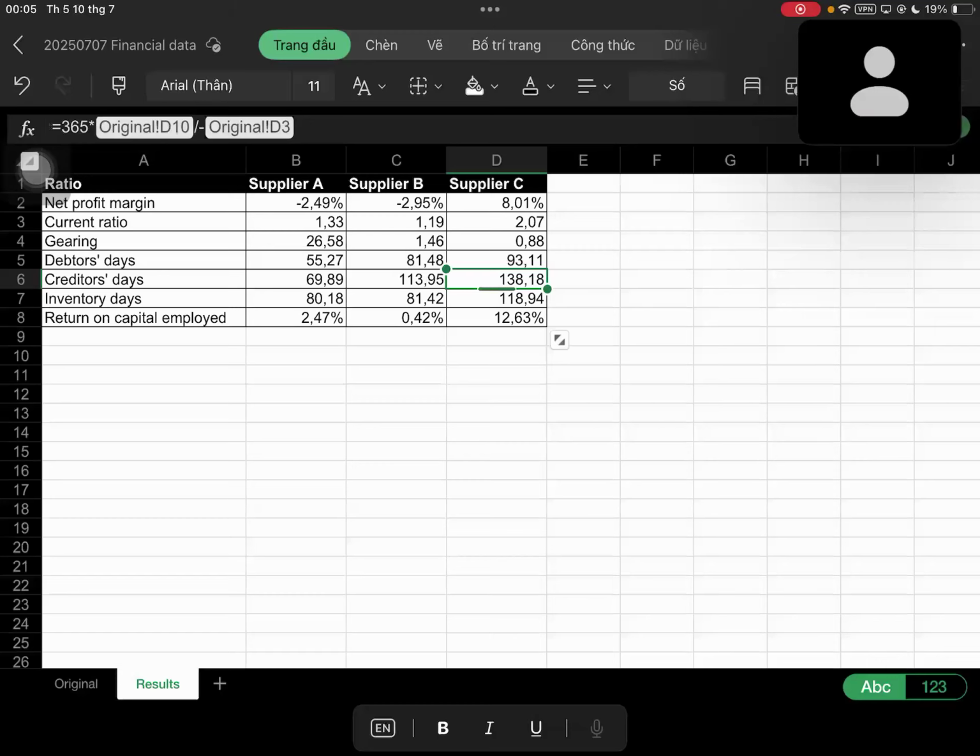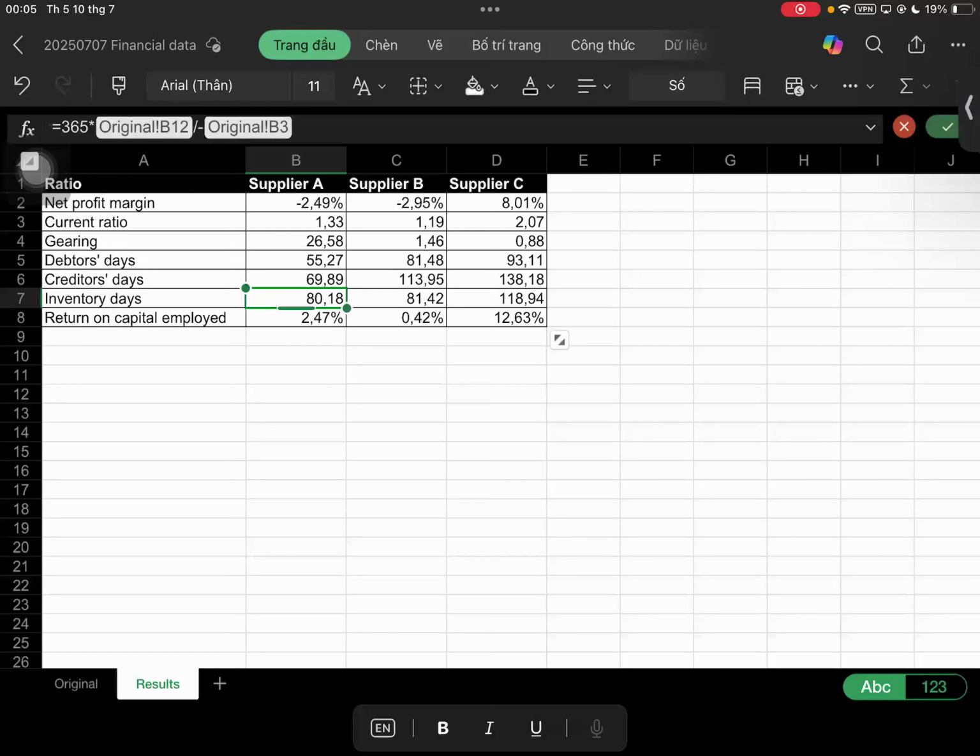Similarly, with inventory days, supplier A has 80 days. So one single unit of inventory takes 80 days in supplier A's warehouse, 81 days in supplier B's warehouse, and almost 120 days in supplier C's warehouse.